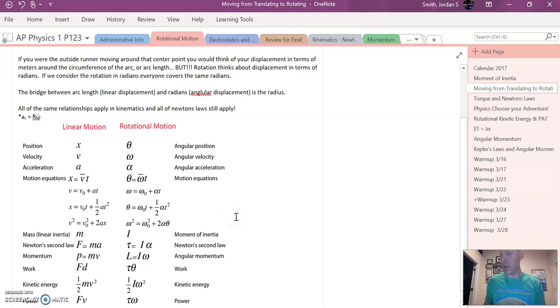Okay, good talk. Now, we know that omega squared final is equal to omega squared initial plus 2 alpha times theta, right? And so this is going to get me angular acceleration.